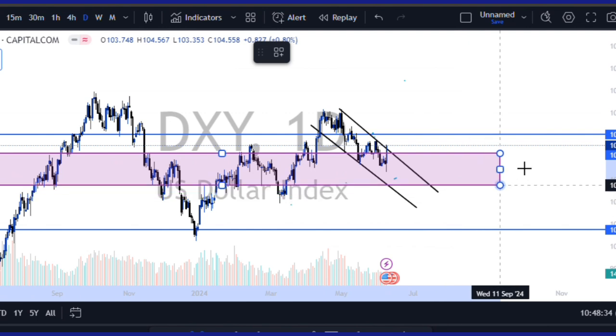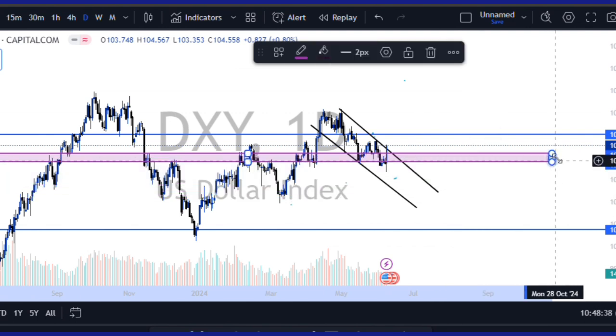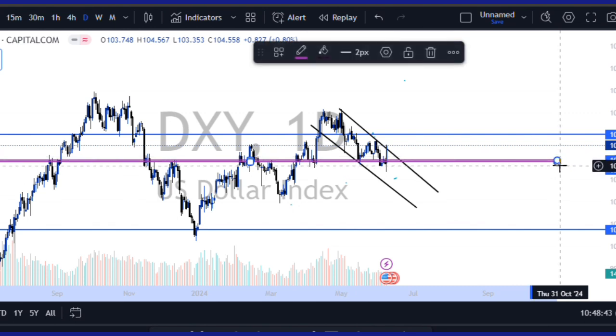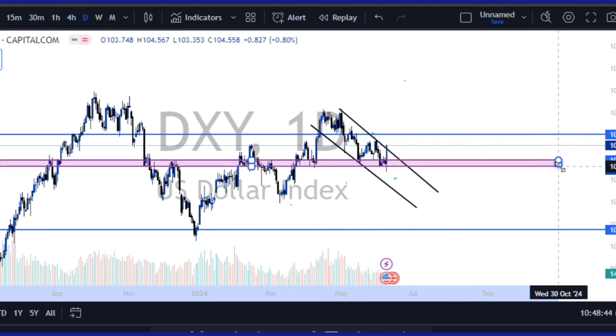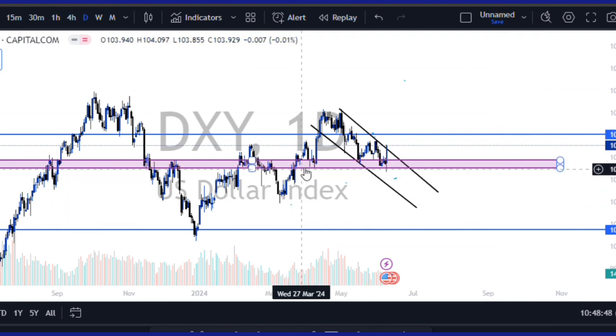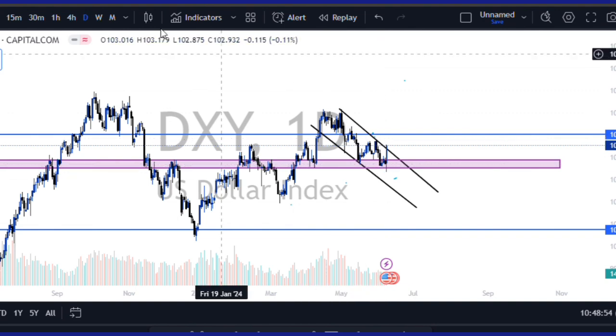This is a very good zone that this market is respecting. As you can see, there was a point of rejection here, and the market came again here for a rejection.